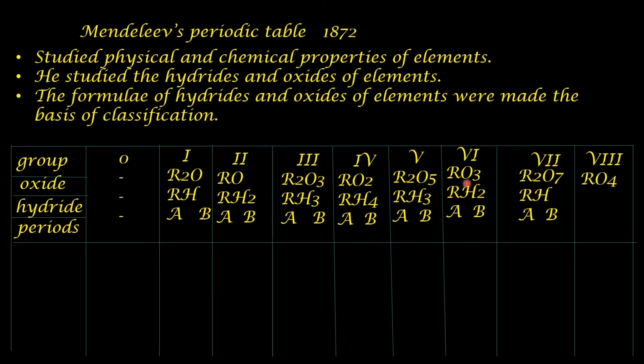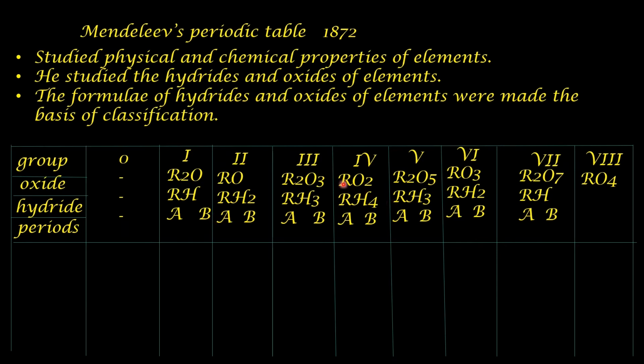Similarly, the zero group does not form hydrides. Formula of hydrides of the first group was RH, that of second group RH2, third group RH3, fourth group RH4, fifth group RH3, sixth group RH2, seventh group RH.